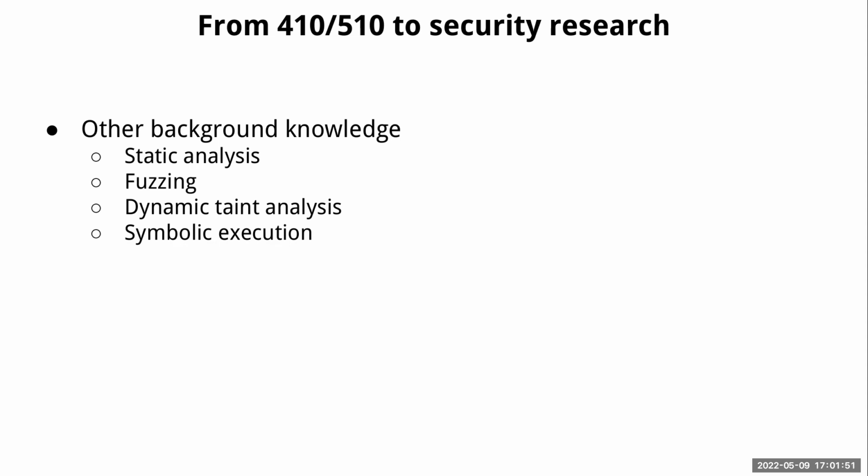Fuzzing is kind of a buzzword, super hot in the last decade, so probably you have heard of a lot of fuzzing tools and have been using some. But dynamic taint analysis and symbolic execution, probably most of you haven't heard of before, but they have been widely used in security research in the last 10 to 20 years.